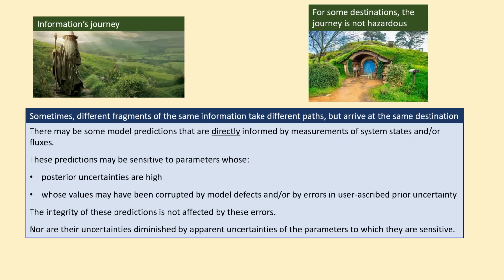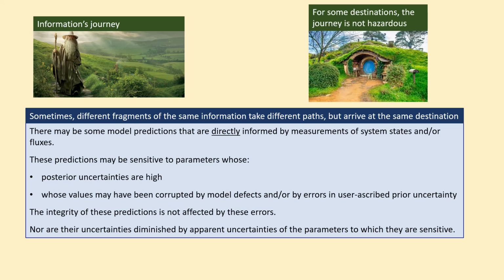So, continuing on our information as a journey narrative, for some destinations, the journey that information takes is not hazardous. Sometimes, different fragments of the same information take different paths, but arrive at the same destination together. This is because there may be some model predictions that are directly informed by measurements of system state and fluxes.